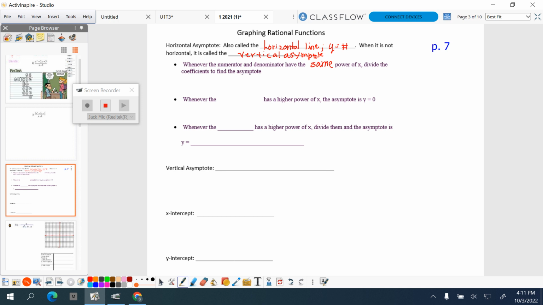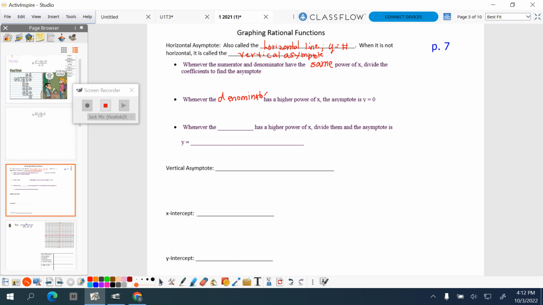Whenever the denominator has a higher power of x, the asymptote is y equals 0.